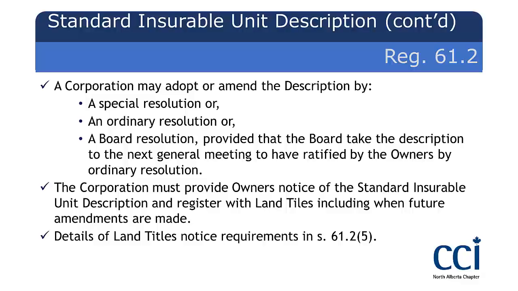Now, in terms of adopting the standard resolution, there are 3 ways of doing it, and the first way is the corporation may adopt or amend the description by special resolution. In other words, at least 75% of the owners and unit factors say, we agree with that description, we support it, we vote for it, and there you go, and you have complied, and that would be obviously the best way to go.